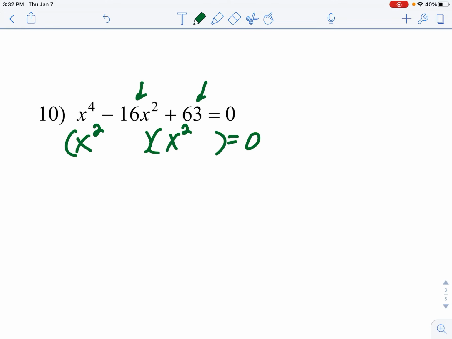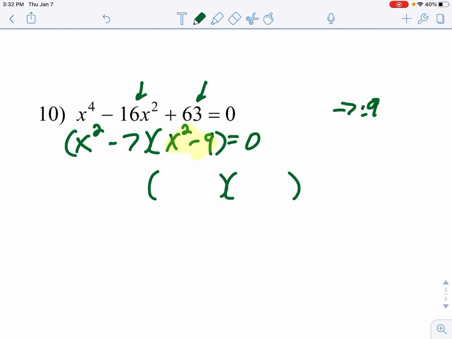So what's 63? Is that 7 times 9, right? 7 times 9 is 63, and if it's a negative 7 and a negative 9, it's negative 16. So we get this. Now, x squared minus 9 is a difference of squares.